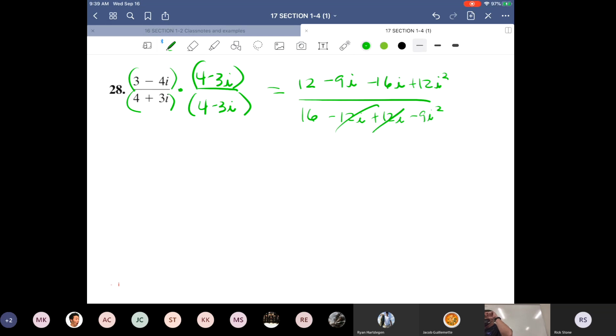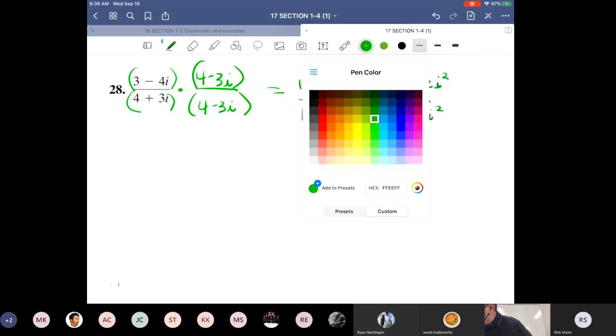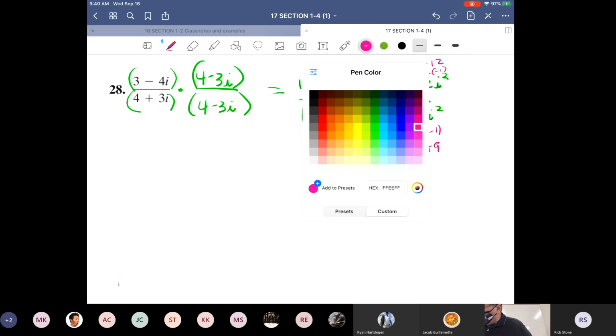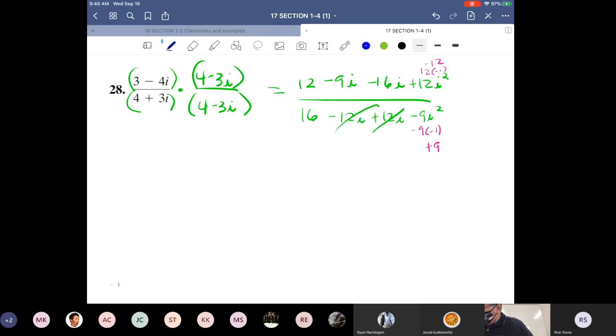Anything else we can simplify? The i squareds. And so if we do that, that's going to be 12 times negative 1 or negative 12. And this is negative 9 times negative 1 or positive 9. So when we start to simplify, that's going to get us 12 minus 12 would be 0. Negative 9i and negative 16i would be negative 25i. Those two cancel, and we have 16 plus 9 is 25.